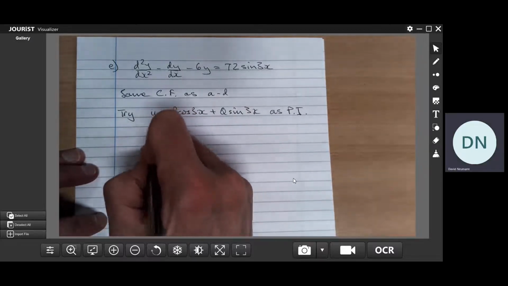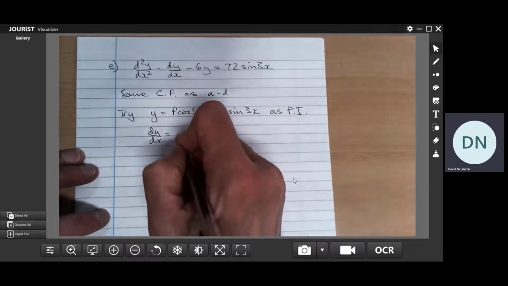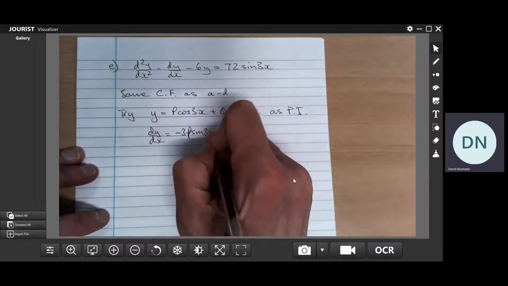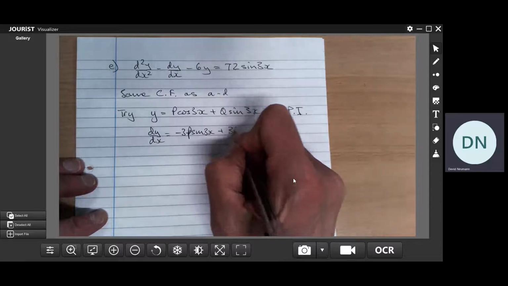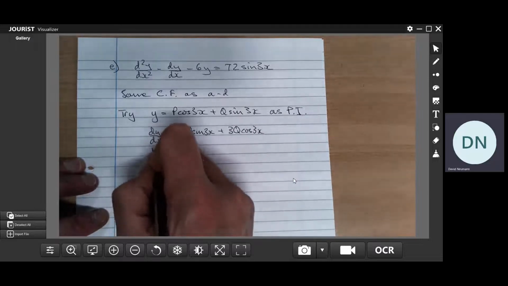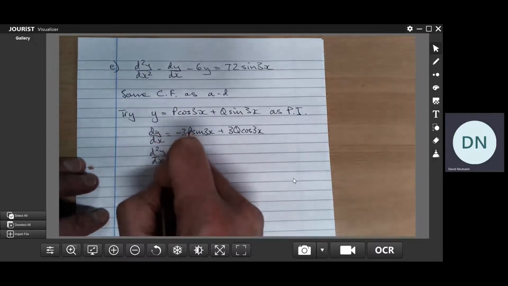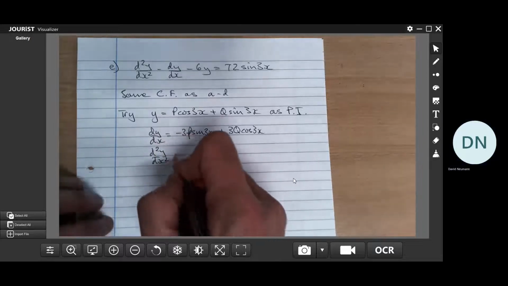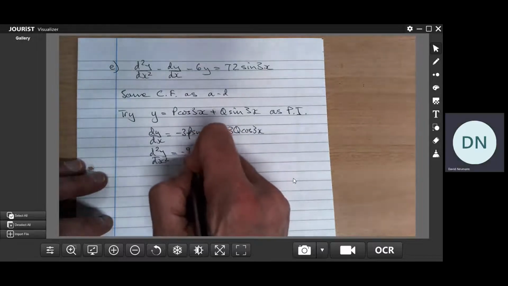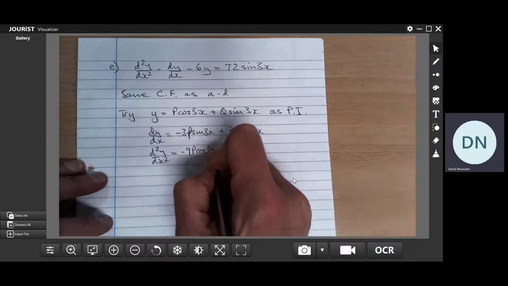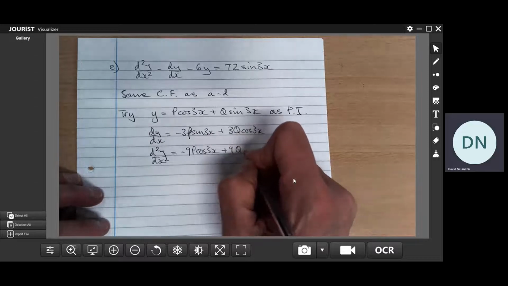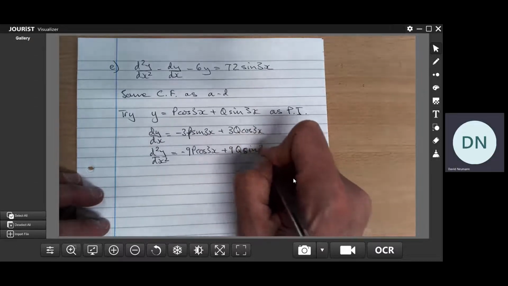So then dy by dx is equal to minus 3p sine 3x plus 3q cos of 3x. d2y by dx squared is equal to minus 9p cos of 3x minus 9q sine of 3x.